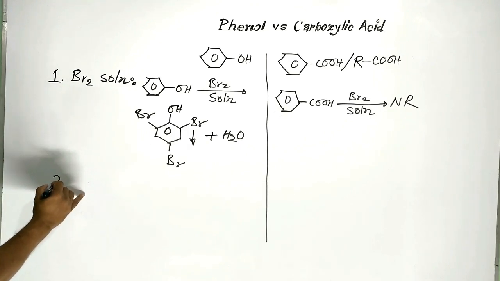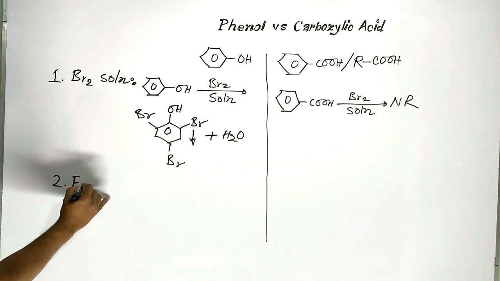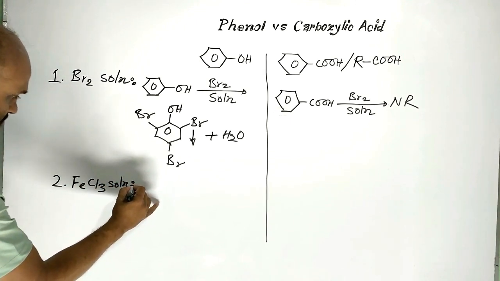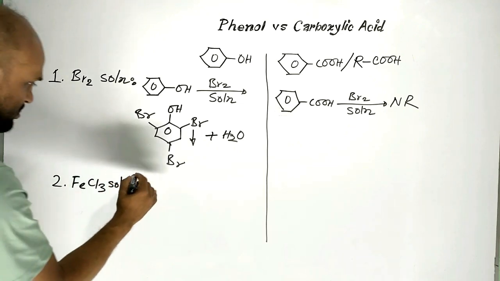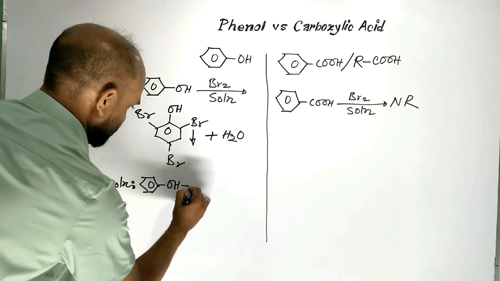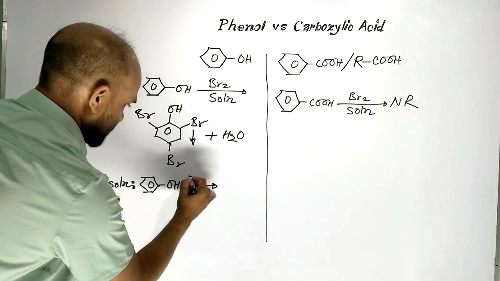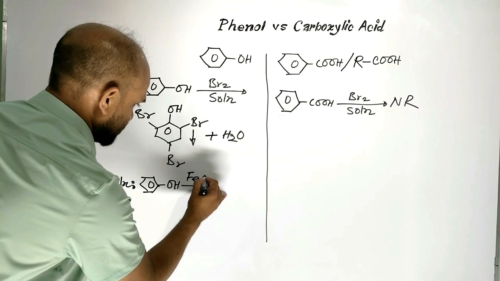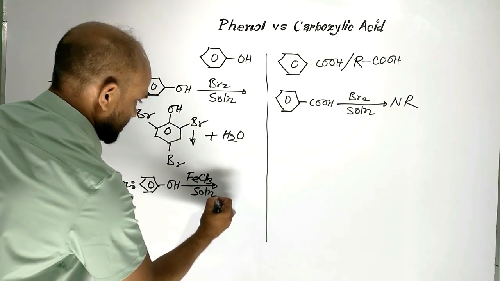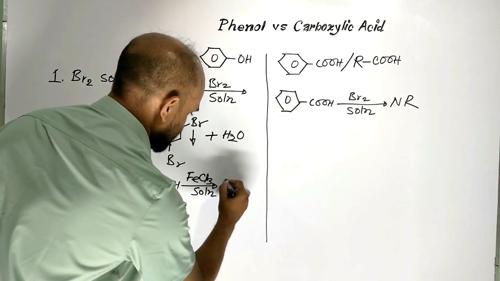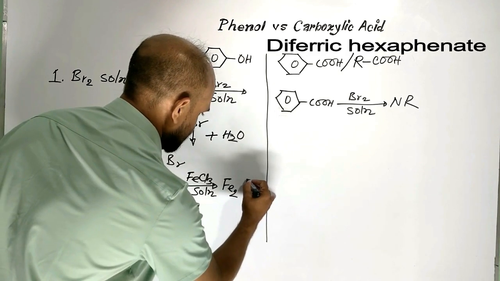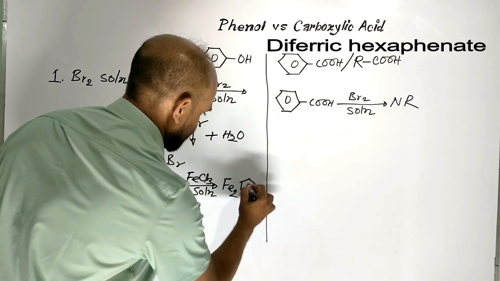Point number 2. Ferric chloride solution. Phenol undergoes reaction with ferric chloride solution, and as a result, violet colored compound is formed, diferric hexaphenate.